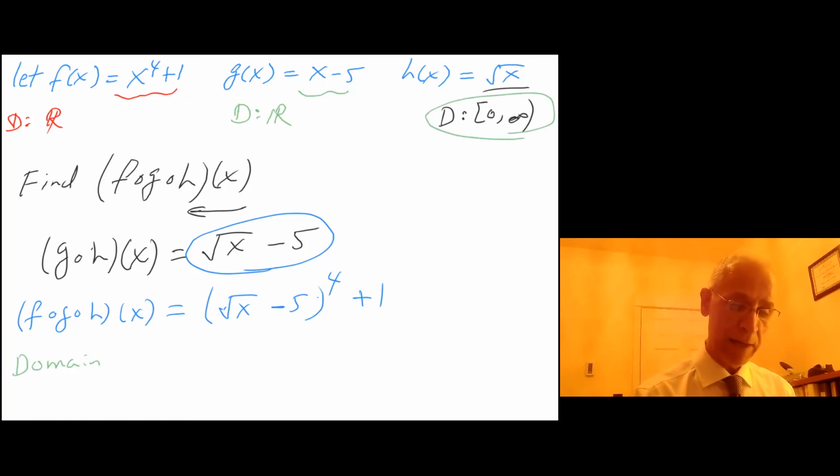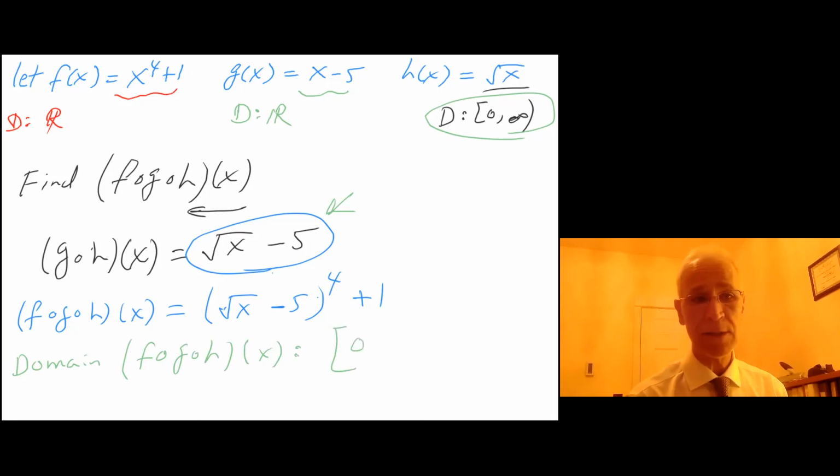For the domain of g of h of x, the restriction again here is from 0 to infinity. So the domain of f of g of h of x also is all positive real numbers plus 0. So from 0 to infinity.